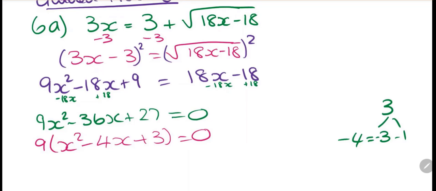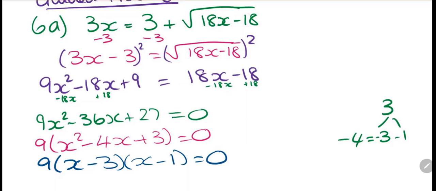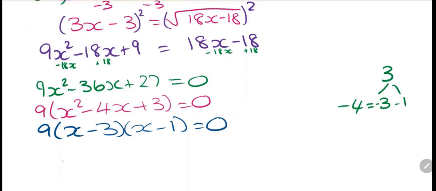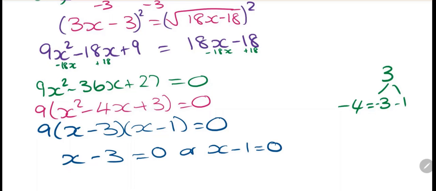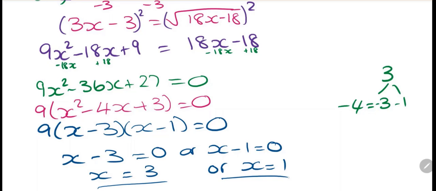So this is going to be 9, and we'll have x minus 3 and x minus 1. So now we could say x minus 3 equals 0, or x minus 1 equals 0. So x is equal to 3, or x is equal to 1.